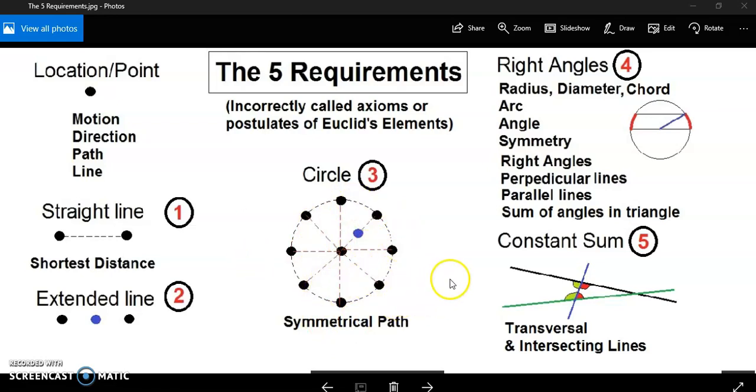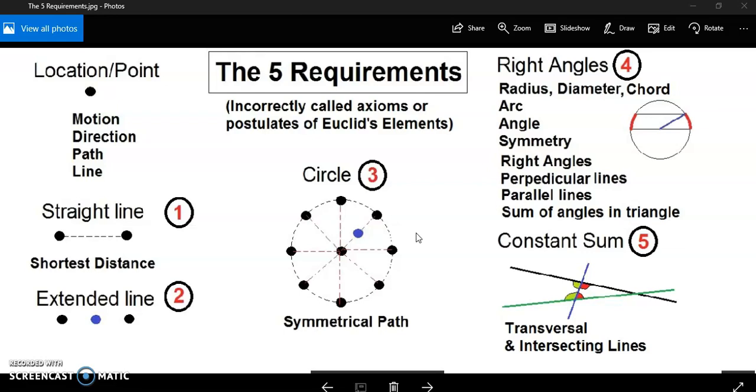And it may not be at all symmetrical, like I showed you in the video on the circle, where if you take any complete path on the surface of a sphere, it would qualify as a circle if you left out the extended line part, okay? So what is the greatest or the most important part about the circle requirement?